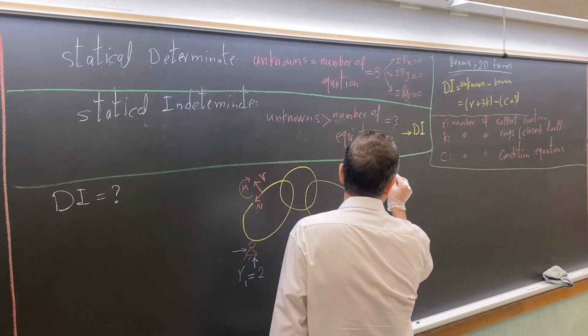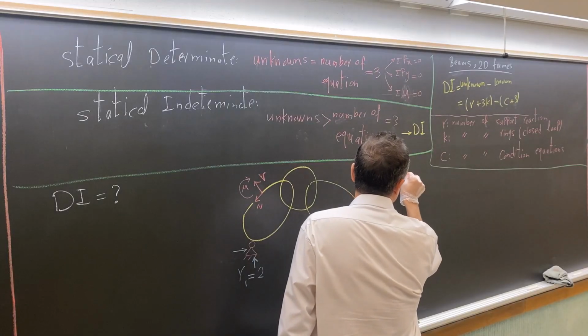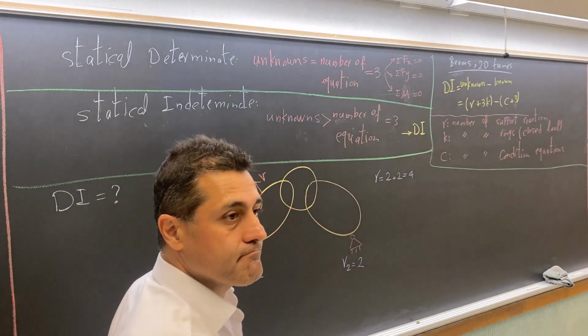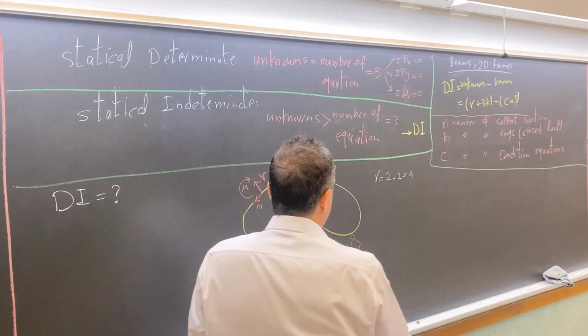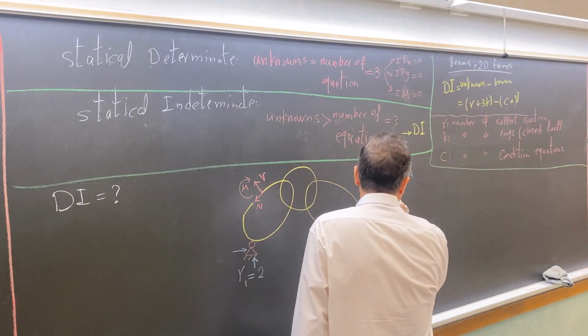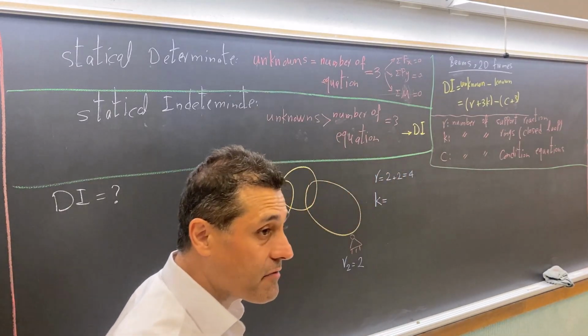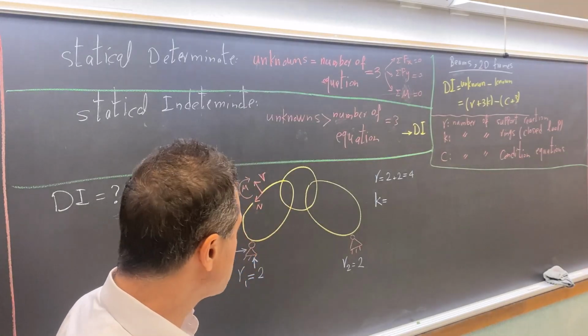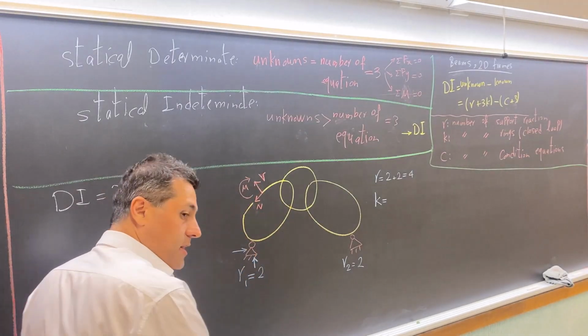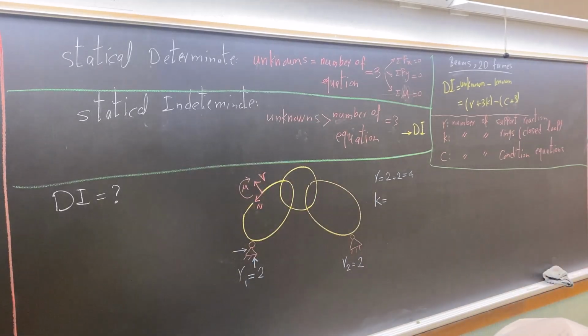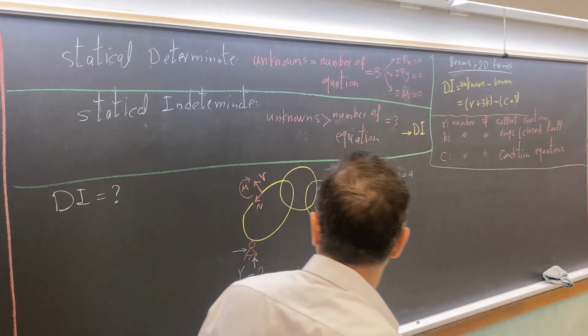So far, R in total is 2 plus 2, which is 4. Another thing is how many closed loops we have. You need to be skillful to identify the number of closed loops. Now I'll show you.